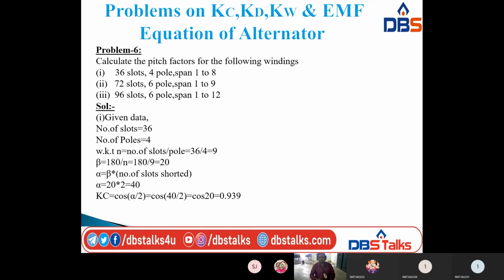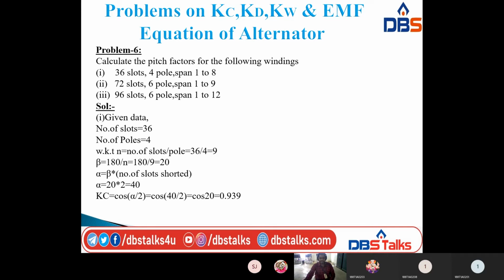Substitute that beta value. So alpha is equal to 20 into 2, that is equal to 40. Now I am going to calculate the pitch factor, that is cos alpha by 2. You know the alpha value, that is 40. So substitute that 40. Then cos of 40 by 2, that is equal to cos 20, that is equal to 0.939. Okay, this is for the first case.